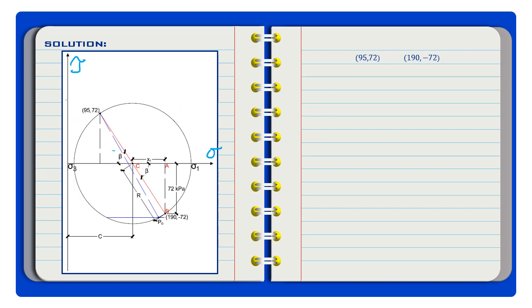So since we have plotted the points on our Mohr's circle, we can now determine the values for the center of the circle as well as the length of its radius.